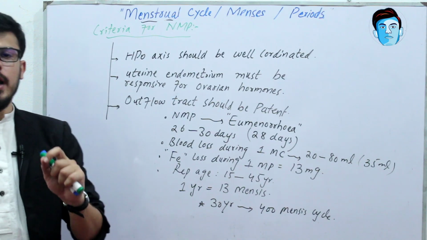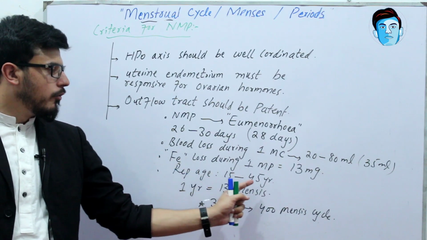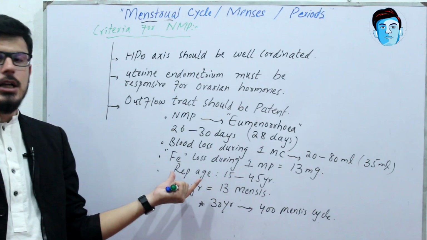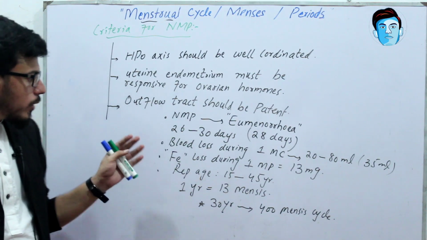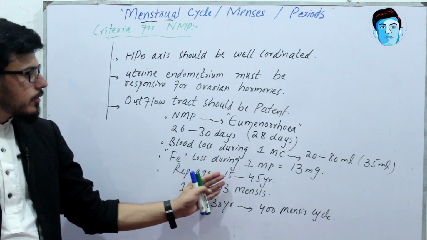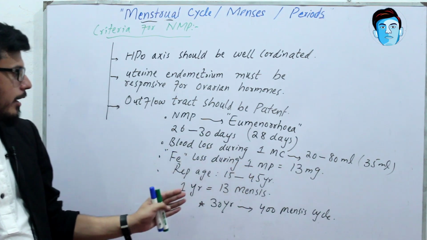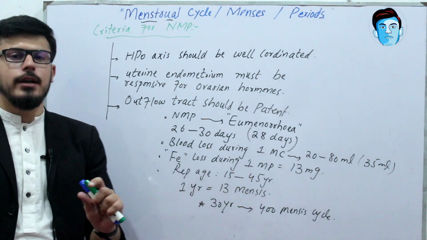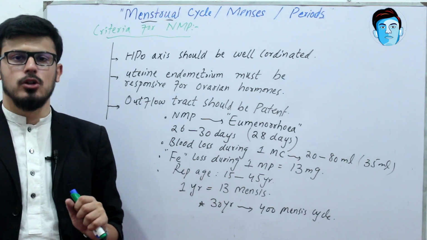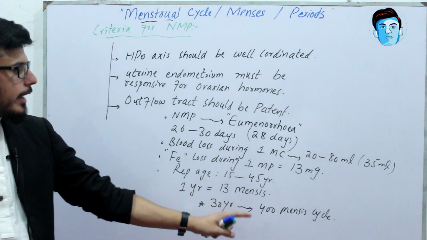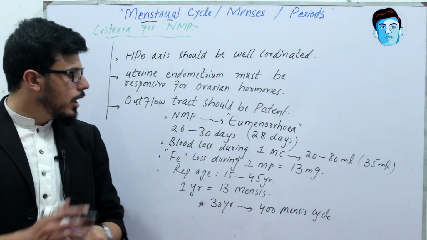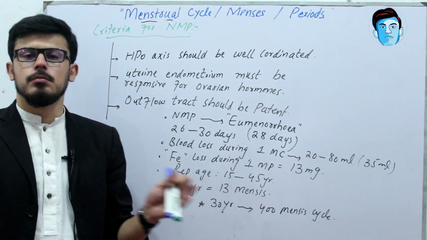The reproductive age in the female is 15 to 45 years, which means the time when a female is able to conceive. In 1 year there are 13 menstrual cycles, so a female who attains the age of 30 years would likely have passed 400 menstrual cycles.